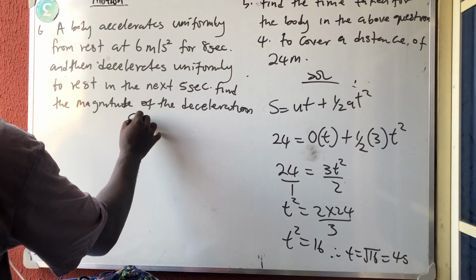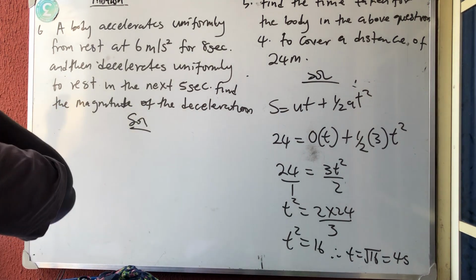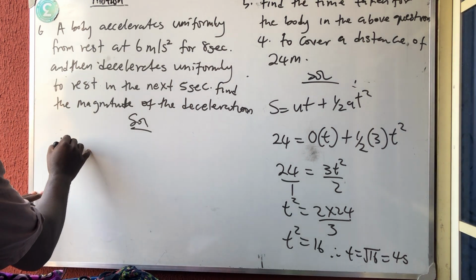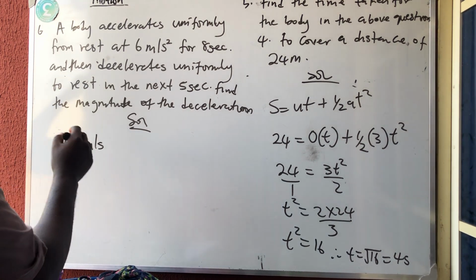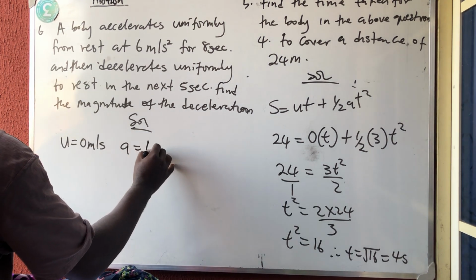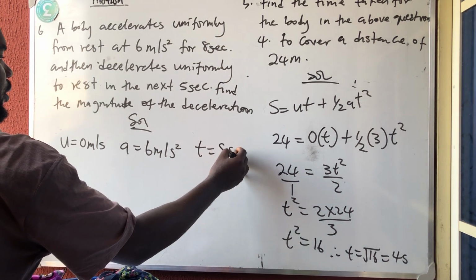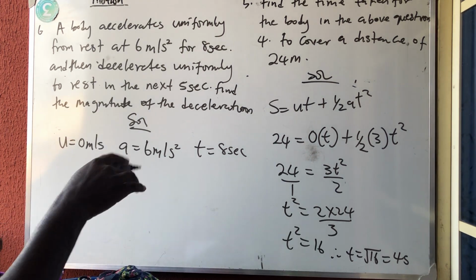Okay, solution. So they say that a body accelerates uniformly from rest. So u now is equal to what? 0 meter per second. At acceleration of what? 6 meter per second square. And the time they gave us is what? 8 seconds. This one will help us to get the velocity.